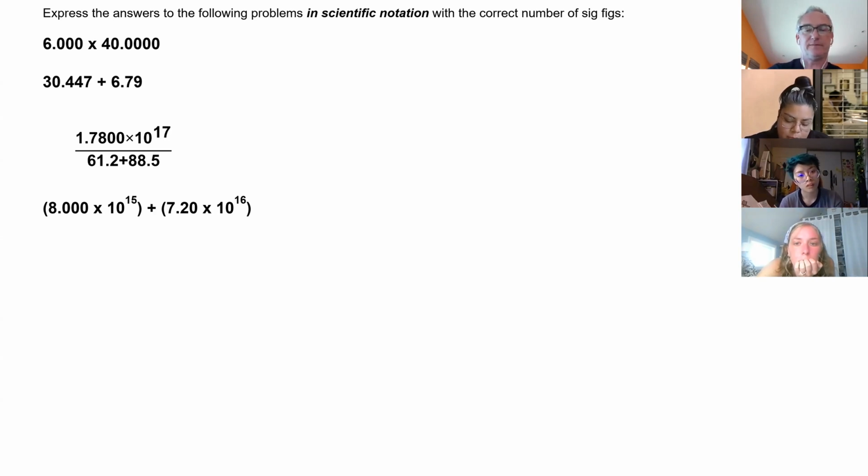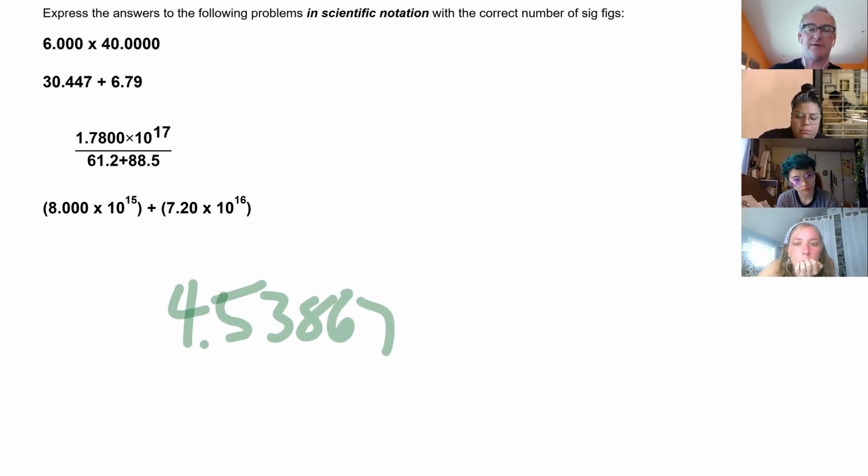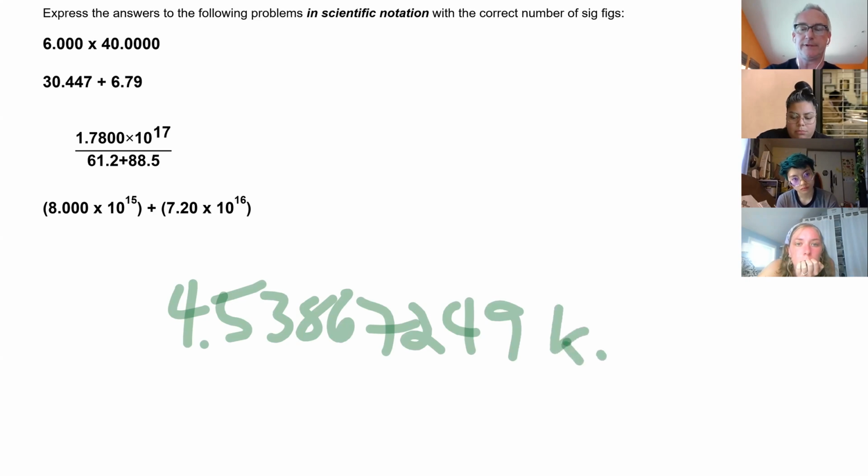Like for instance, let's say 1 gallon of milk was like 4.53867249 kilograms or whatever. What's the weight of about 2 of them?